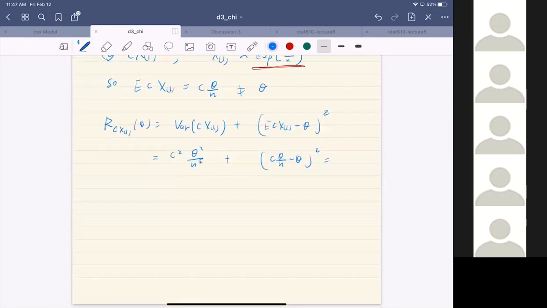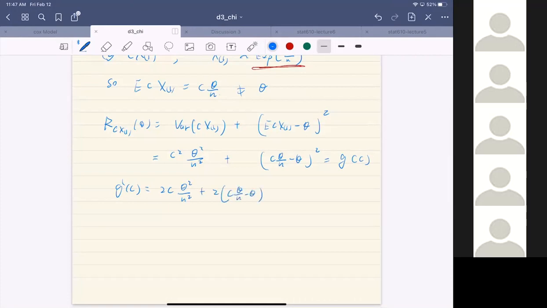So this is a function of C. So you can see it's a function of C. So if we want to find the best C, we can take the derivative with respect to C. So it can be 2C theta square over n square plus the 2C theta.